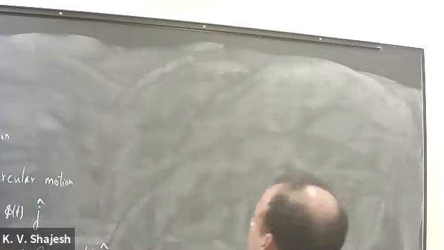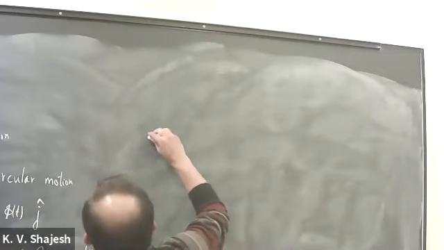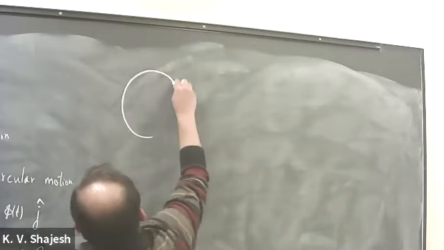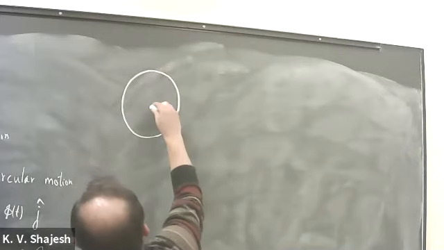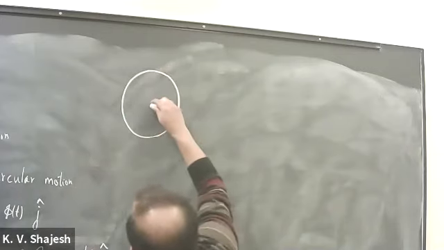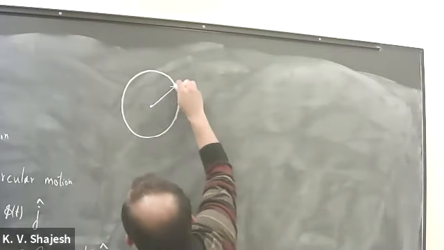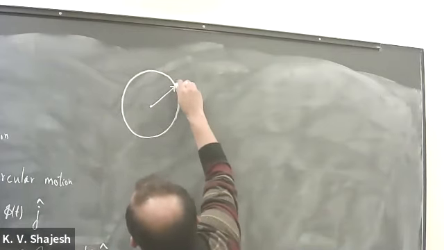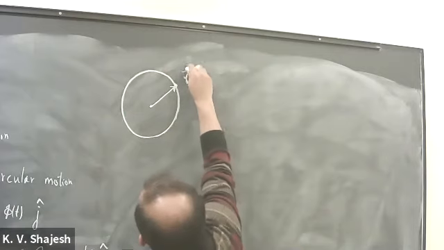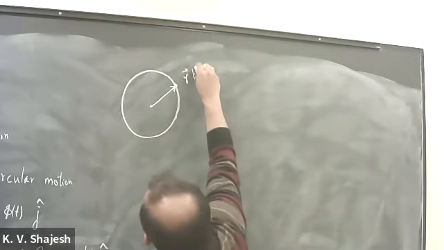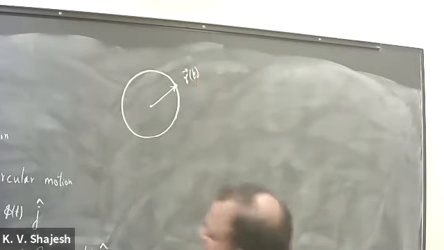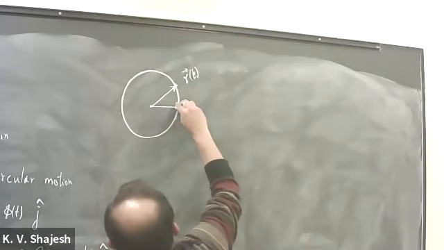Okay, so let me draw a diagram again. So where do these things stand in a circle? That's your circle. That's your position, as I said, of an object that is going around the circle. That's your time dependence in here, and that's your angle phi.